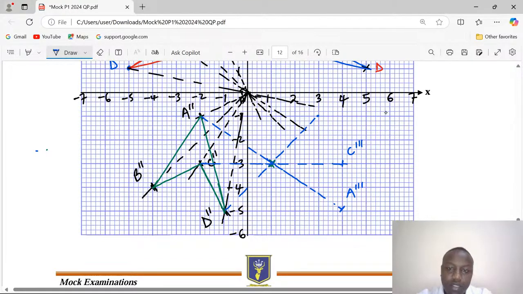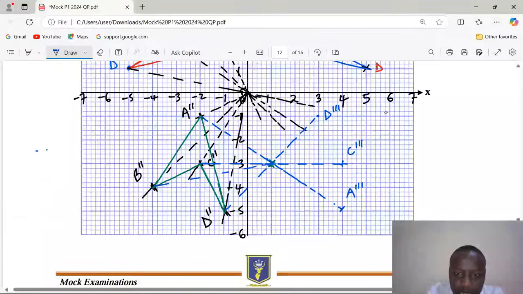So this way we shall have that image of D. Then for B, we also do the same. B to the center of enlargement, then we move once to the opposite direction. We move an equal distance to the other side, and B shall be found here.